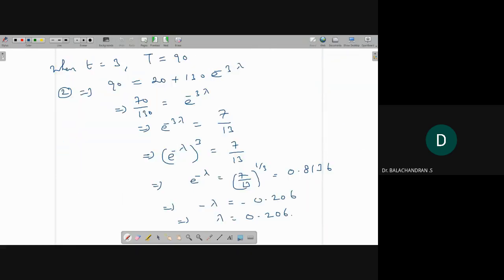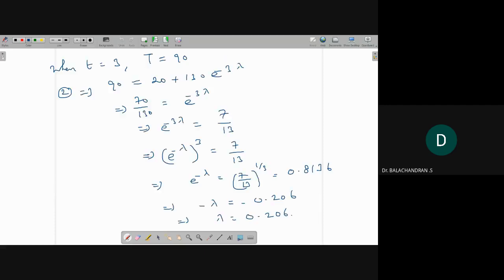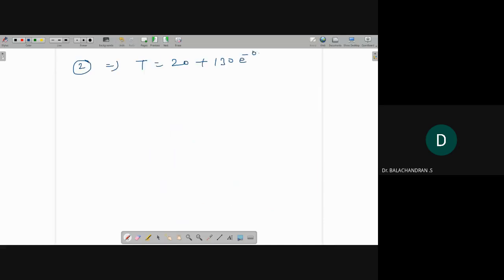Once we got the value of lambda, substitute lambda in equation 2. So T equal to Ts, which is 20, plus C, which is 130, into e power minus 0.206 into t.